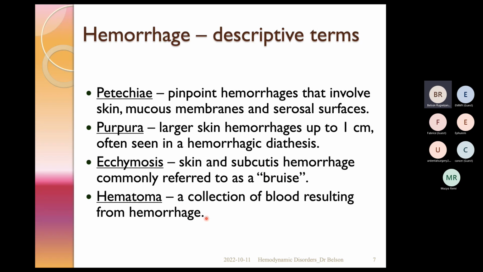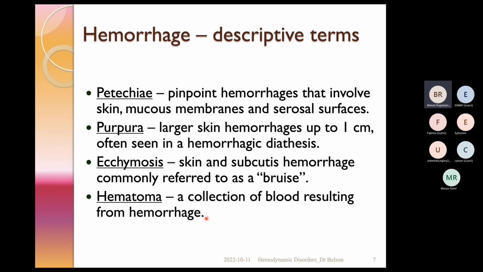Hematoma is a collection of blood resulting from hemorrhage. The difference is that with a hematoma, you can make an incision and remove that whole volume of blood. It forms something like a mass, like a cyst. While for ecchymosis, you see hemorrhage, but you cannot do surgery and remove the blood, because it is infiltrating tissues.